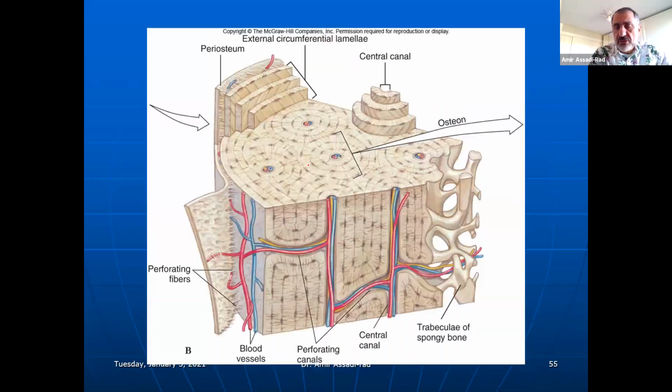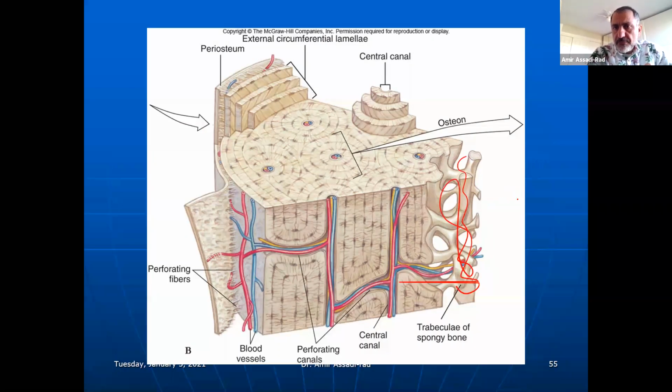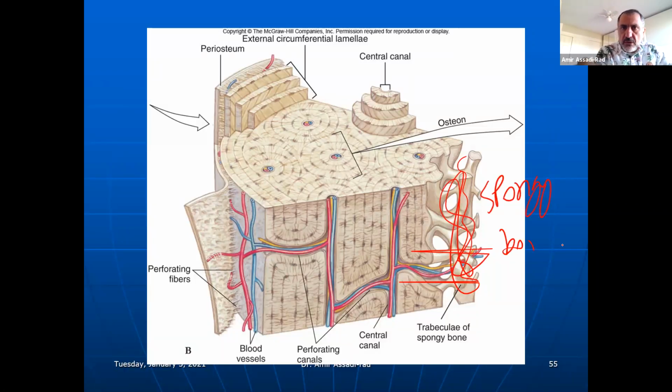So I'm looking at the compact bone, which is a histology of it, and this area, all of this you see, that is your spongy bone. Okay, so this is all compact bone. In the compact bone, you do have osteons.